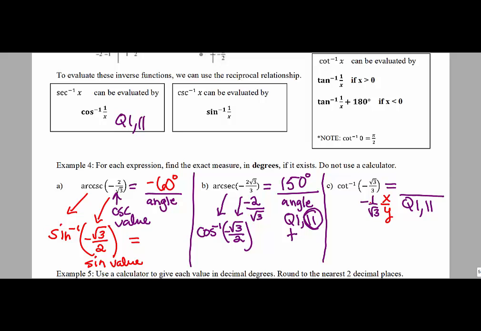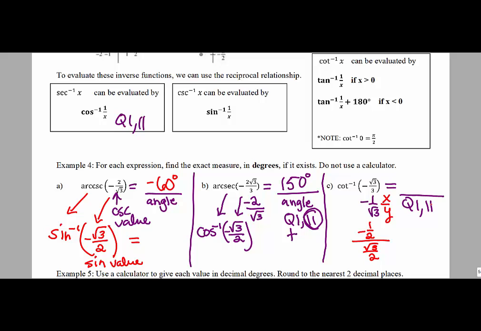So we look on our unit circle, we want to find an x value divided by a y value that would reduce to be negative 1 divided by the square root of 3. And of course, before we simplify, that would look like this: negative 1/2 divided by square root of 3 over 2.